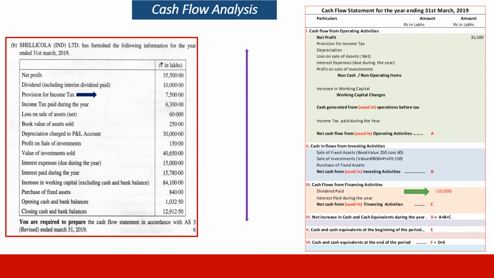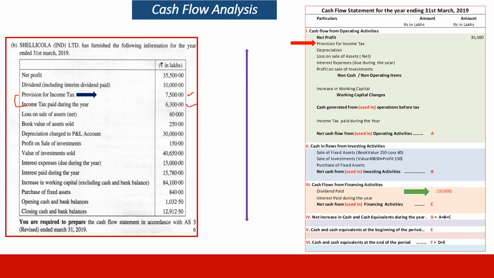And that leads us to take the second item, provision for income tax. You have to note these two things. Provision for income tax is appearing in the profit and loss account, whereas income tax paid during the year will be coming under payment of taxes. Provision for income tax was deducted from profits before.